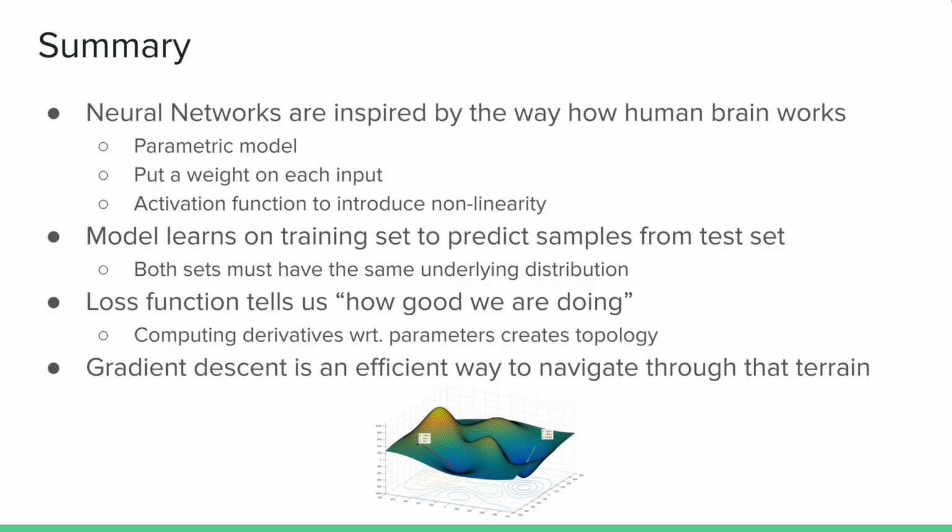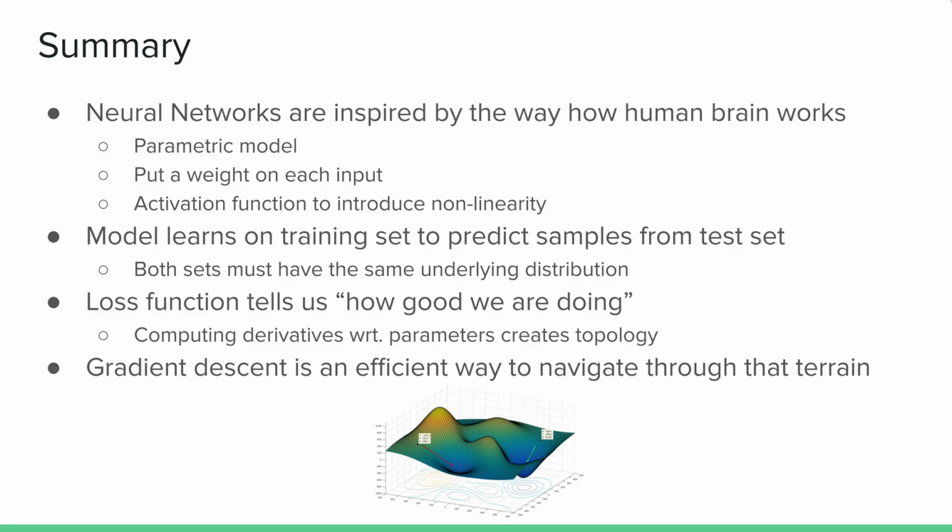Summing up, neural networks are inspired by the way the human brain works. They are parametric models where you put a weight on each input, and we have so-called activation functions that introduce some nonlinearities to provide some kind of separation between the layers, because otherwise all the matrix multiplications would just collapse into a single one.